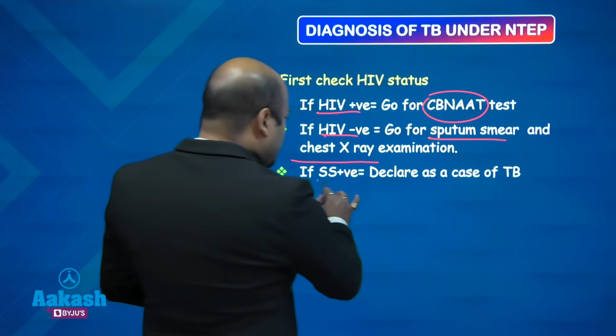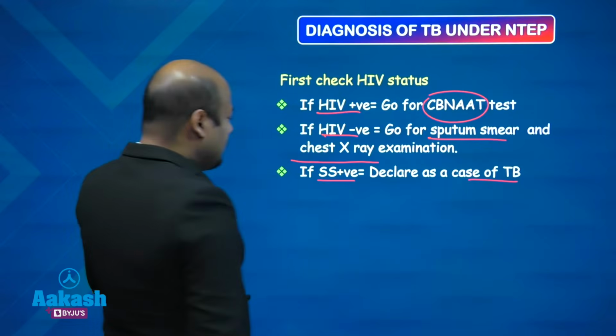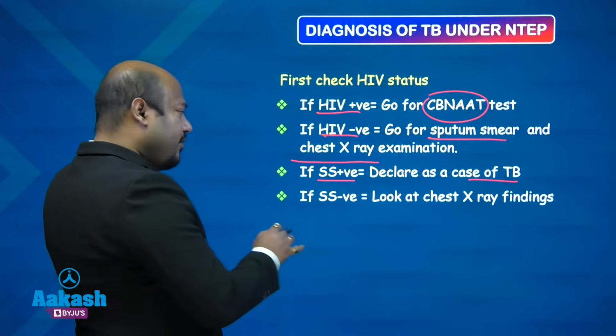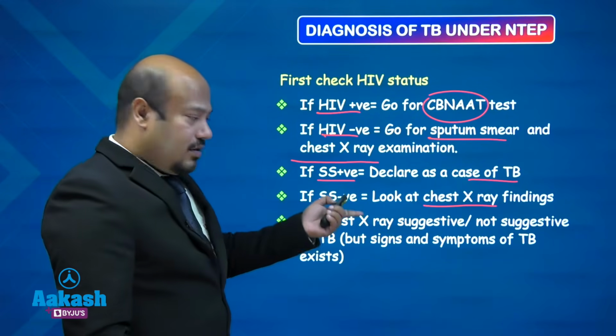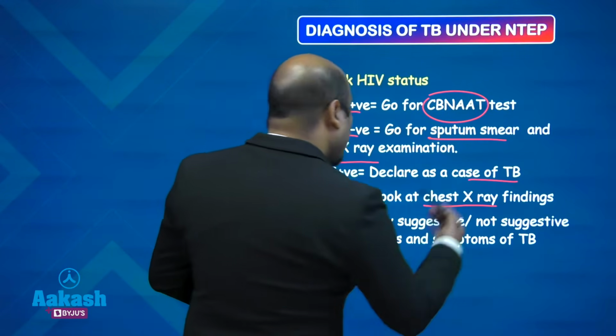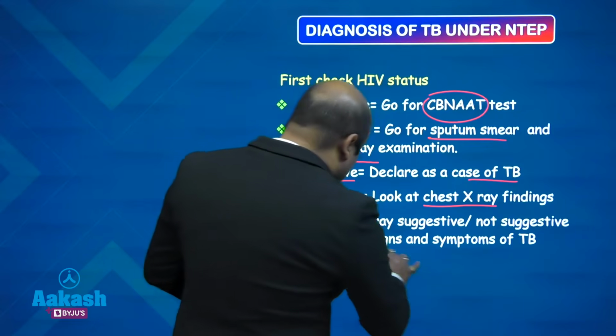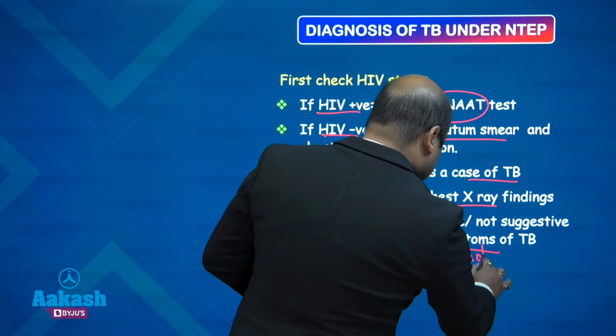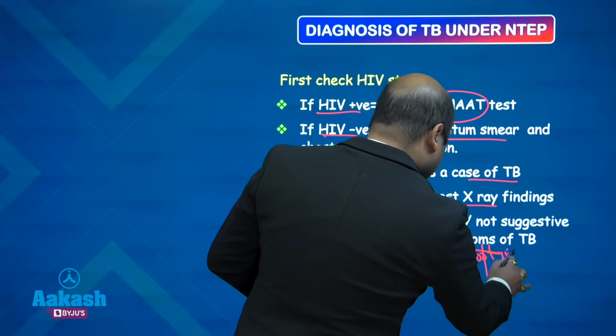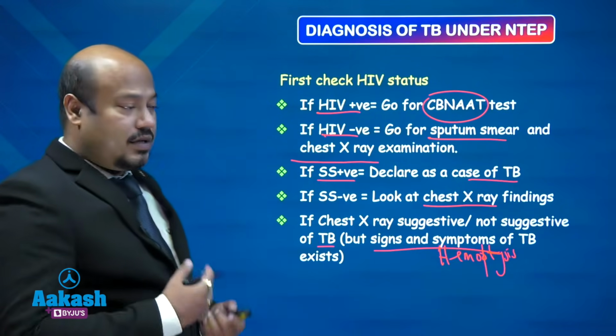If sputum smear positive, declare as a case of tuberculosis. If sputum smear negative, look at the chest X-ray findings. If the chest X-rays are suggestive or not suggestive of TB, but the signs and symptoms are present, one sign and symptom can be hemoptysis, fever with evening rise of temperature, loss of weight, fatigue, all these are classic tuberculosis features.